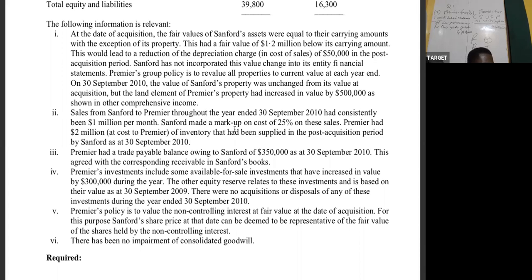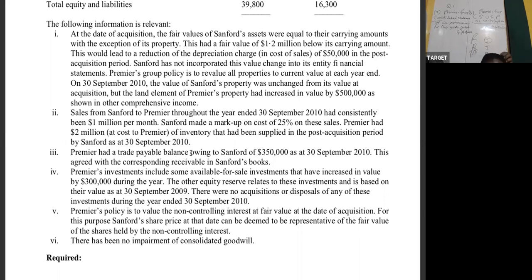Stamford made a markup on cost of 25% on these sales. Premier had 2 million at cost to Premier, meaning that's the selling price of the inventory that had been supplied in the post-acquisition period by Stamford as at 30th September. Just find the unrealized profit.